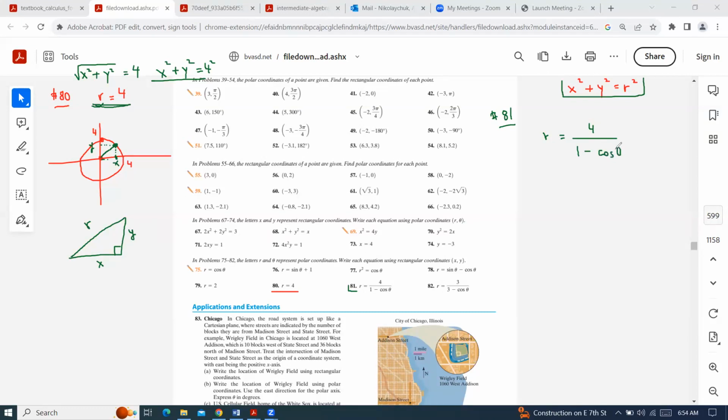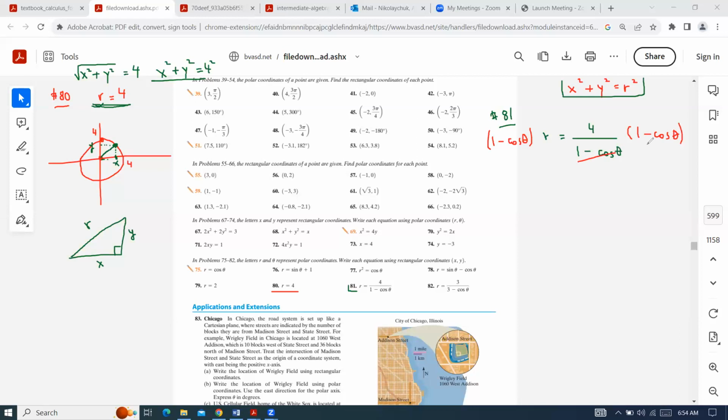So when I have the equation in this form, in problem number 81, of course, the part that bothers us is the denominator. So I'm going to multiply by this denominator on both sides of my equation. So it's going to cancel on the right, and this is going to appear on the left side, right?